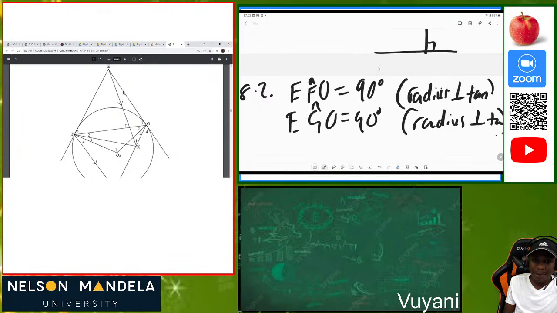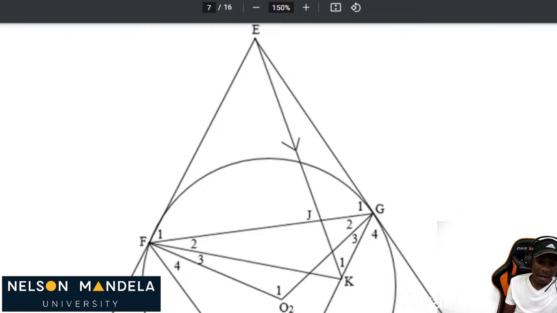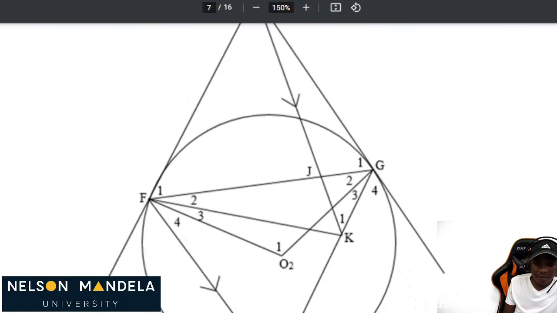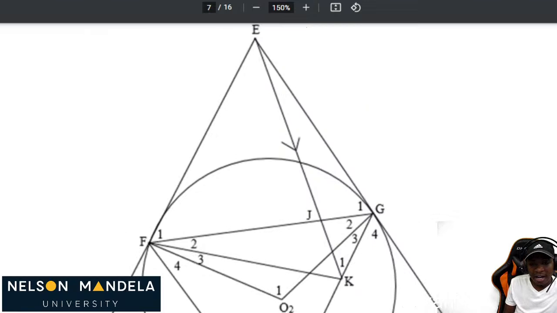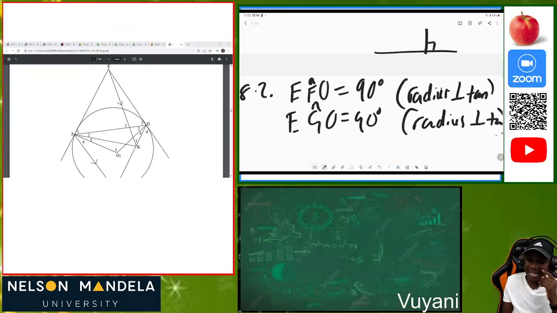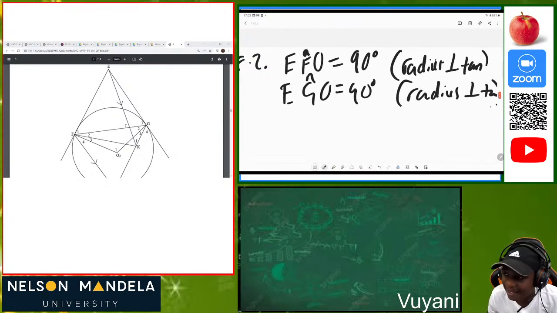Since both radii OG and OF are perpendicular to the tangents EG and EF, they both create a 90-degree angle.